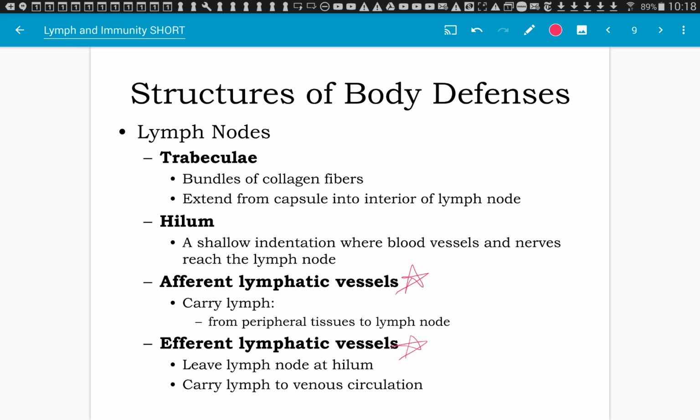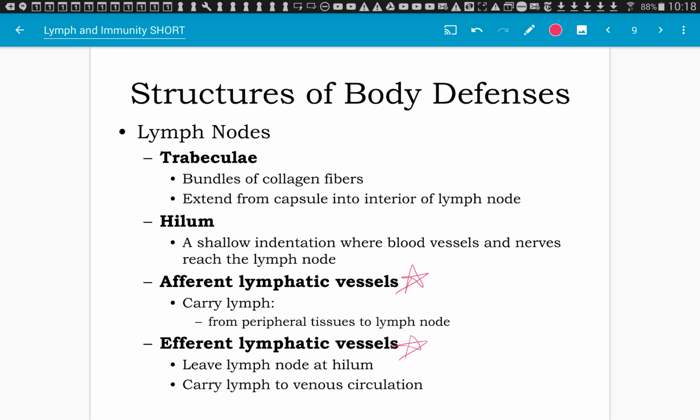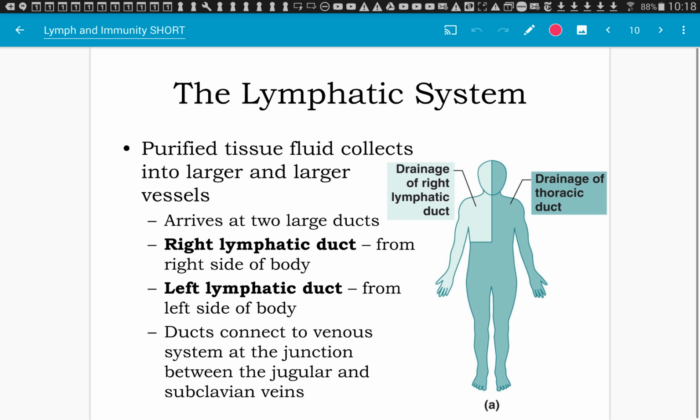The hilum, if I back up, is this indented portion that makes it look like a bean, and this is where you have blood vessels that enter and that one efferent lymph vessel that exits. So this is where you find the blood vessels and that efferent vessel. Oh, and nerves as well.